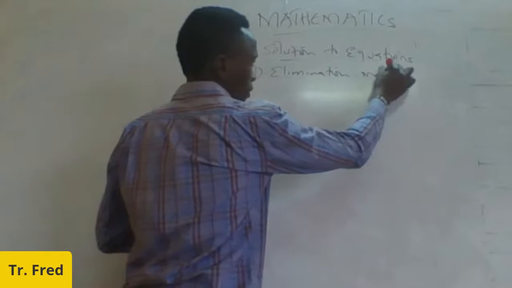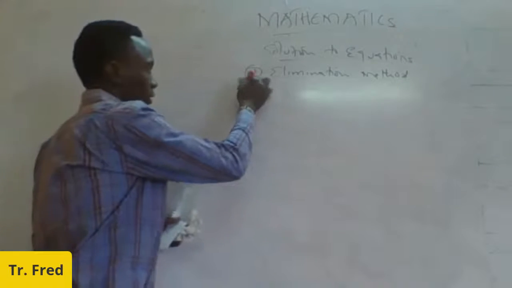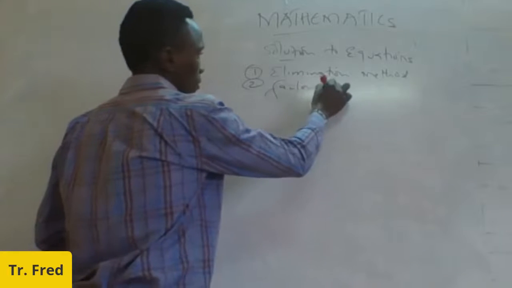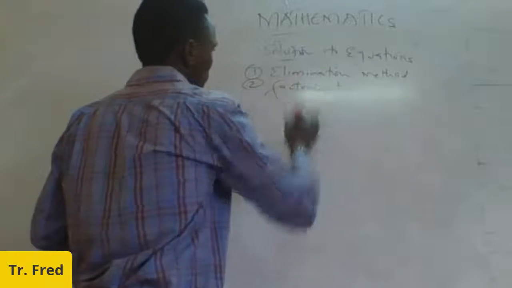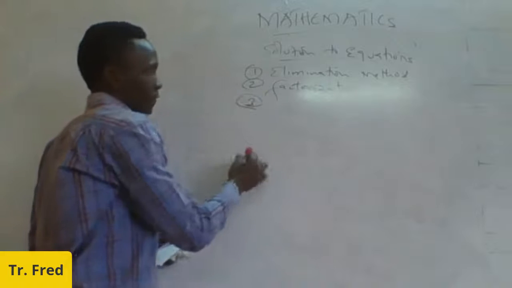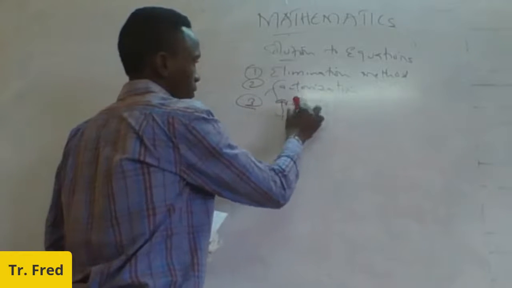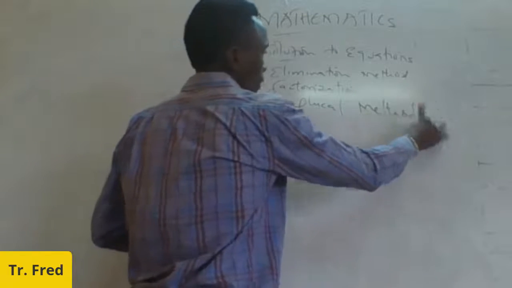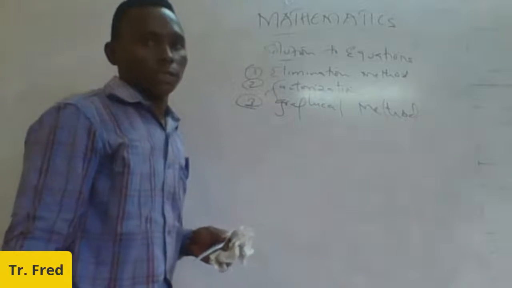The second one is factorization. And last but not least, we have the graphical method of solving simultaneous equations.